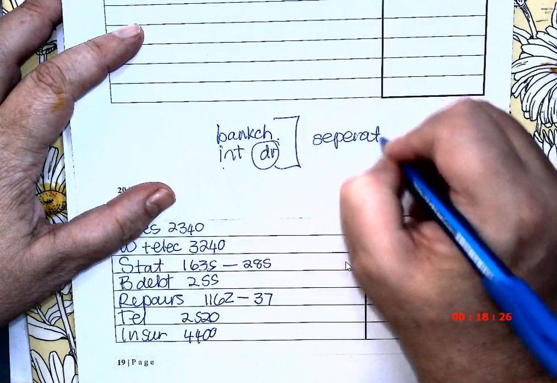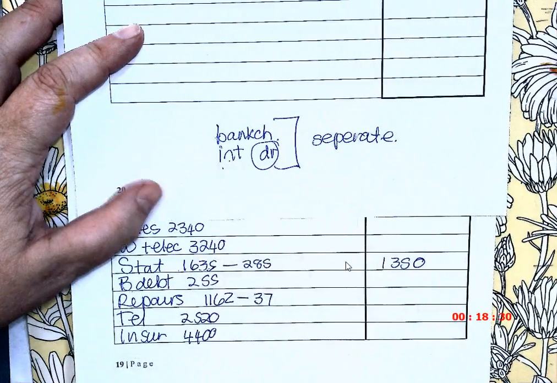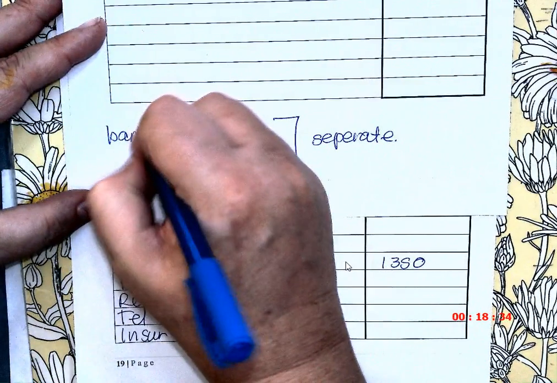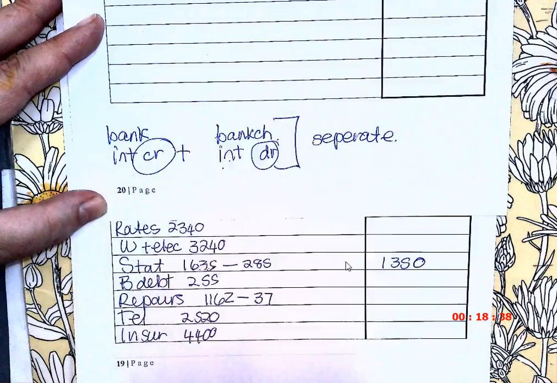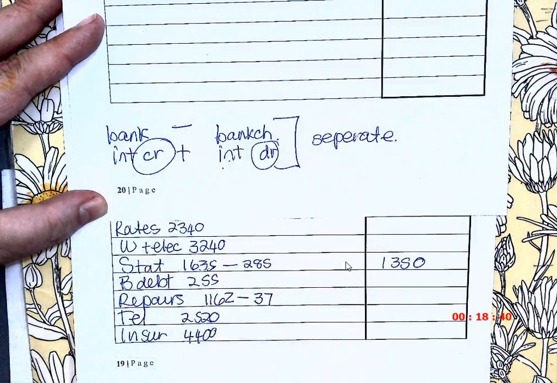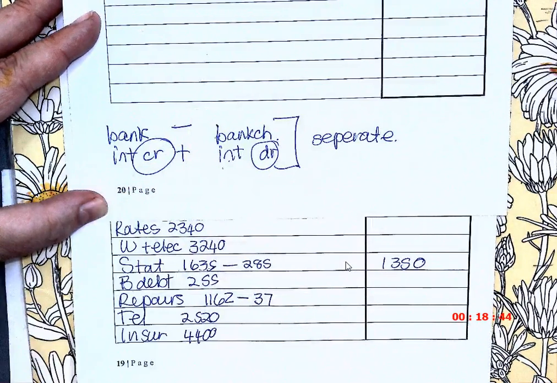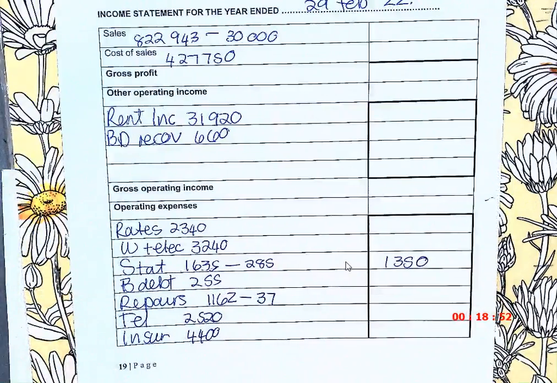You can't add the interest with the bank charges. If they give you bank charges and interest on credit, you have to remember this is positive and that's negative. So there are two ways they can try and catch you. So be aware of that. Okay, are you awake enough? Okay, let's go on.